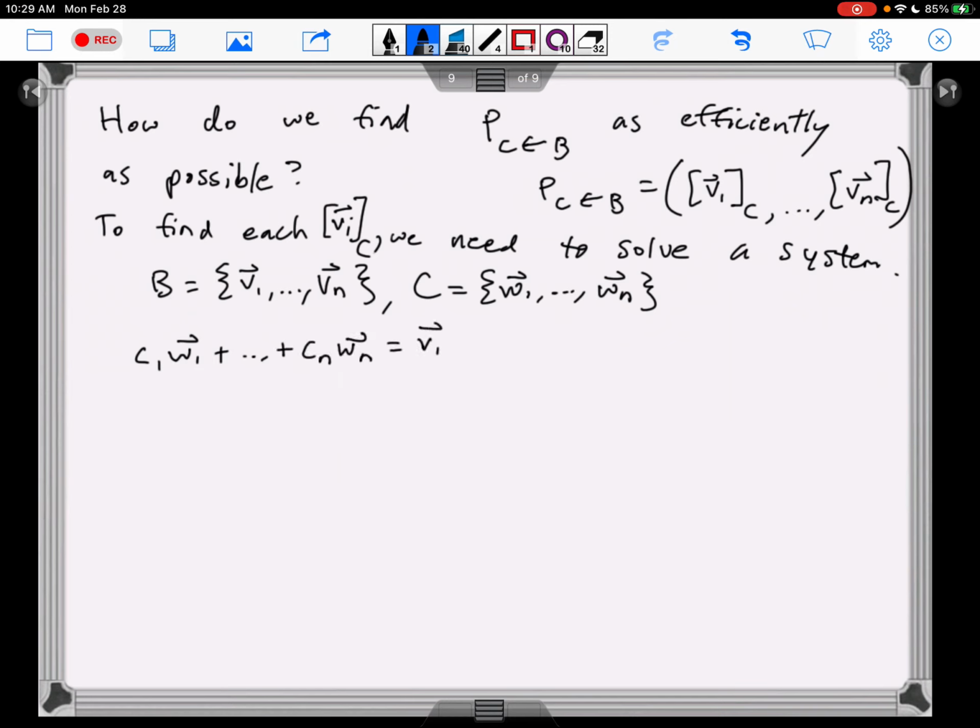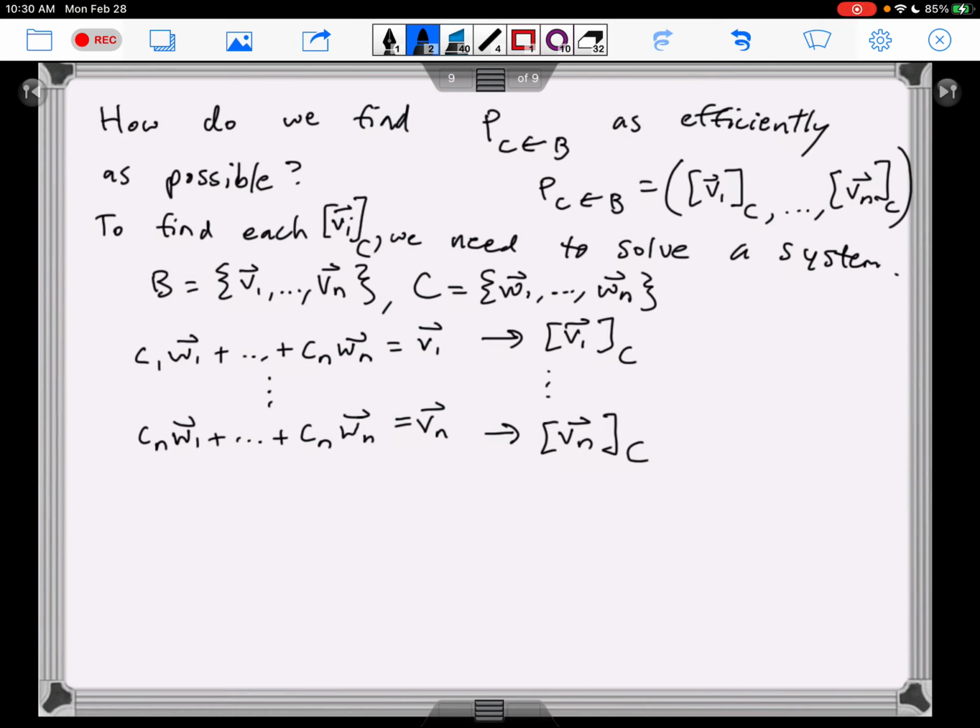So in other words, we have to solve n by n systems. This first system is going to give us V1 relative to C, and this guy's going to give us Vn relative to C, right? In other words, we're solving for the C's in each one of these systems.